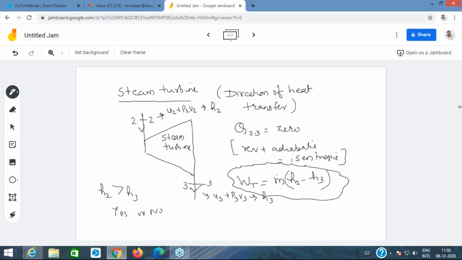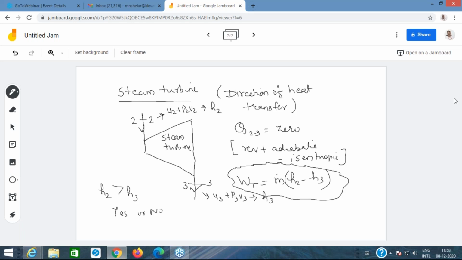So what is happening is, in the turbine, the enthalpy of the stream entering the turbine is utilized for getting the turbine work. There is an enthalpy drop in the steam turbine, and that enthalpy drop does not disappear. It is utilized for generating turbine work.